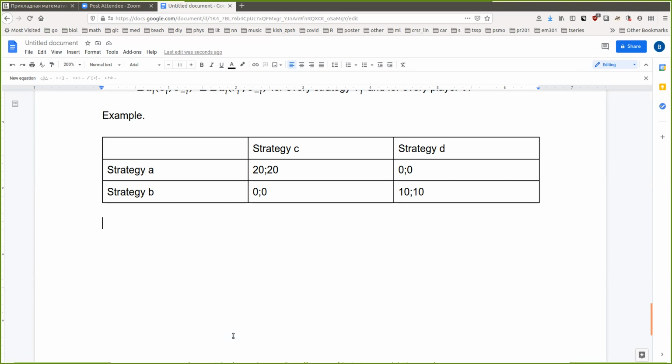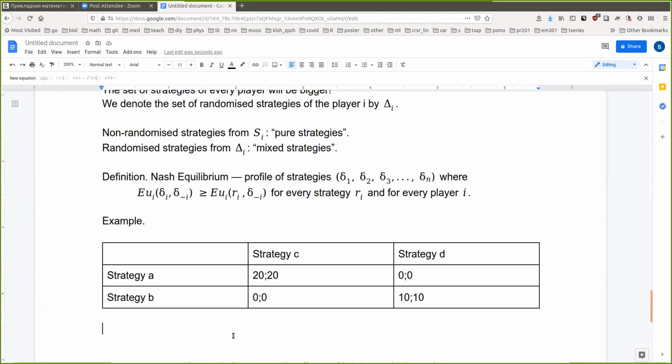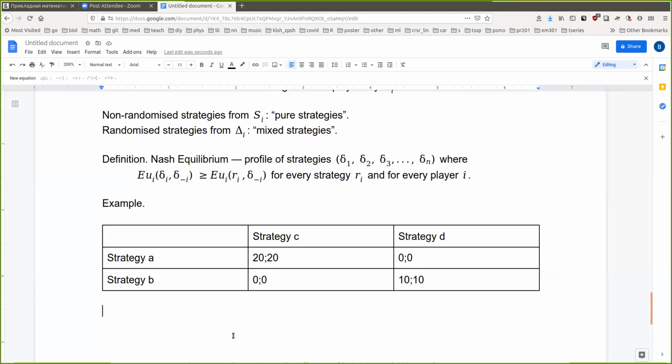And in this game, people can randomize. For example, the first player can use the following randomized strategy, a mixed strategy. So the terminology is mixed strategy and pure strategy. What does it mean, mixed strategy? I can play with probability P and 1 minus P. And the second player also is allowed to randomize.